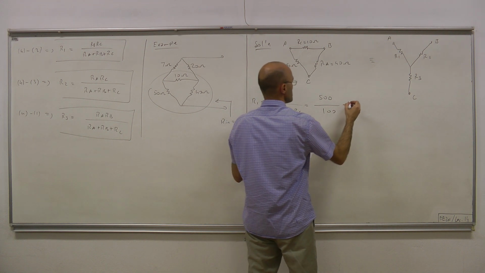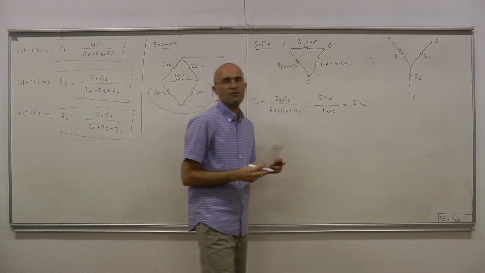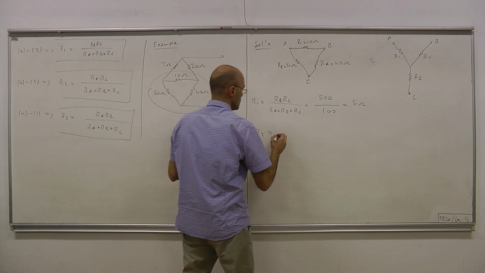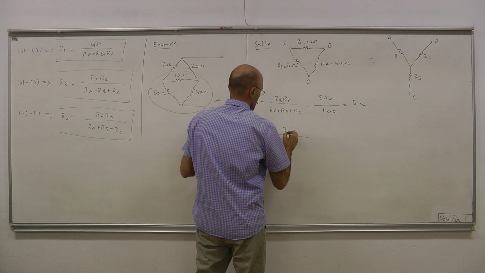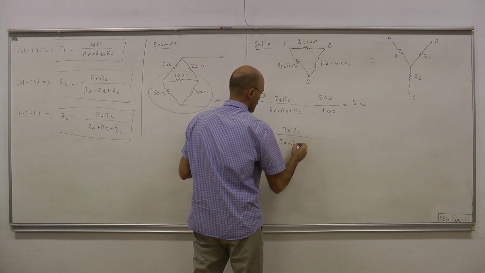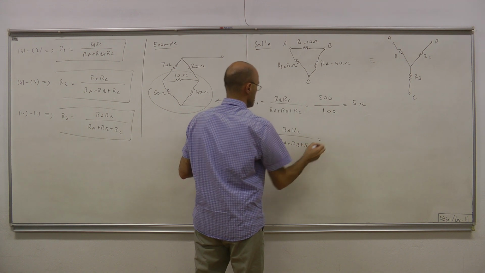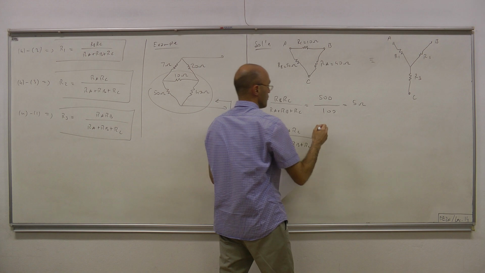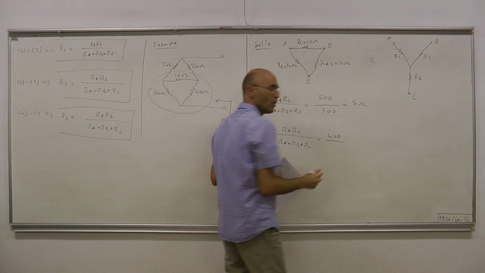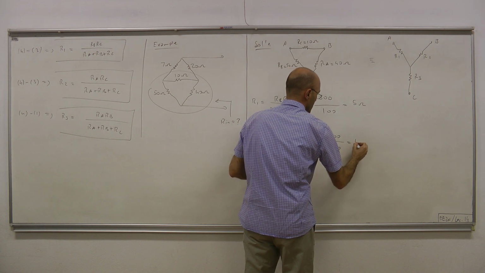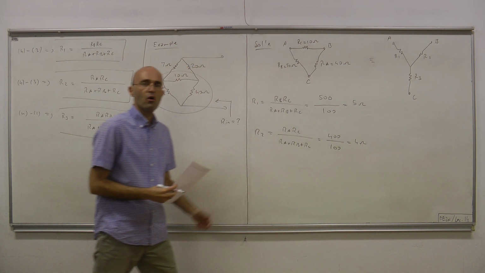Therefore, R1 must be 5 ohms. Likewise, R2 equals RA times RC over RA plus RB plus RC. RA times RC, 10 times 40, is 400, divided by the same denominator, 100. So R2 must be 4 ohms.